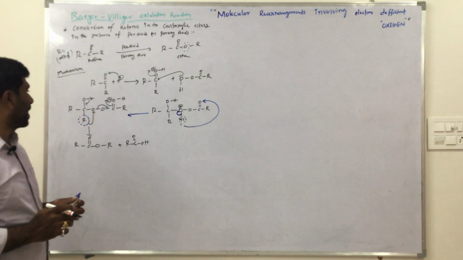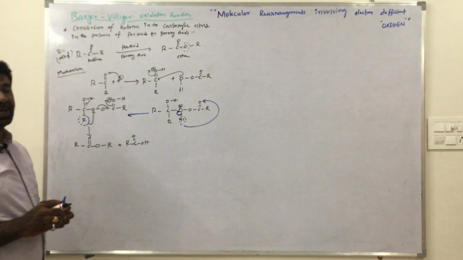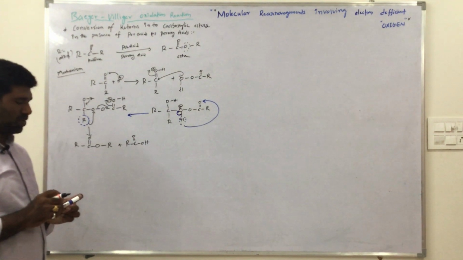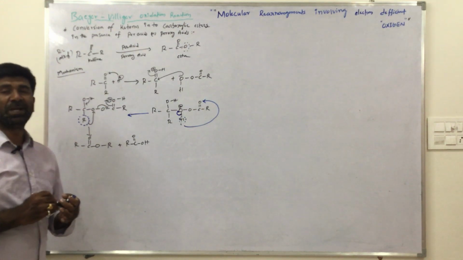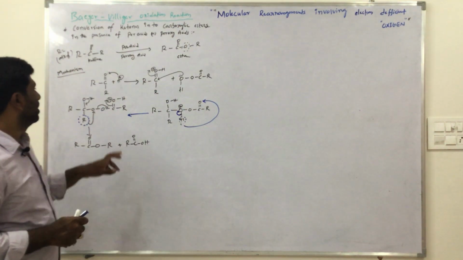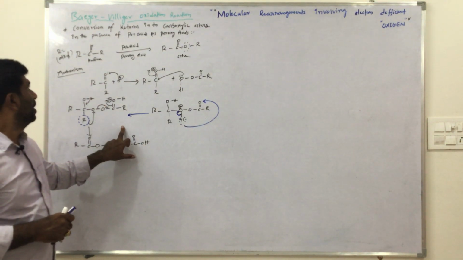This is the mechanism. Clear? The Dakin reaction and the Baeyer-Villiger reaction are almost the same, but in the Dakin reaction the final step is a hydrolysis step. Here there is no hydrolysis step. This is the reaction mechanism.